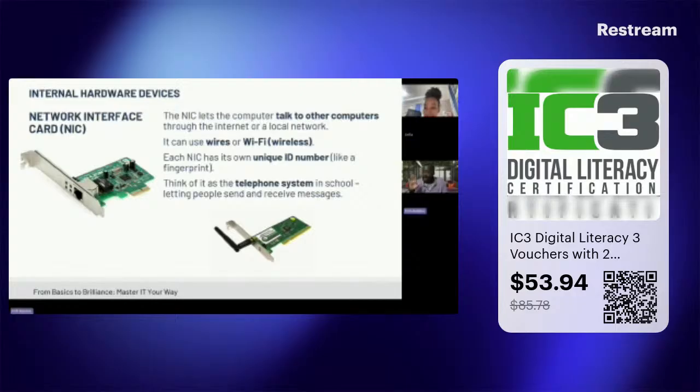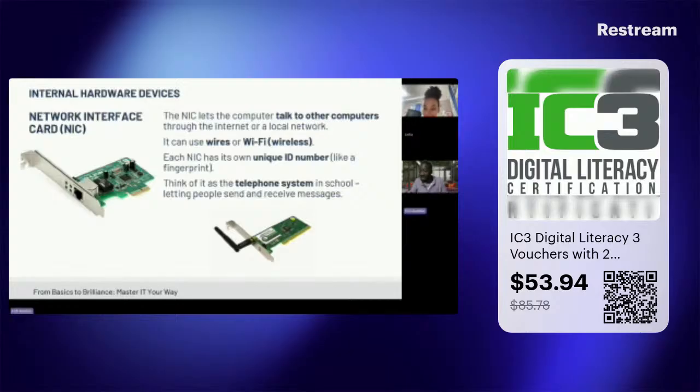This is what we use to identify computers on a network. So if you have the same network interface card ID, there will be a conflict. And even identical twins have different fingerprints.